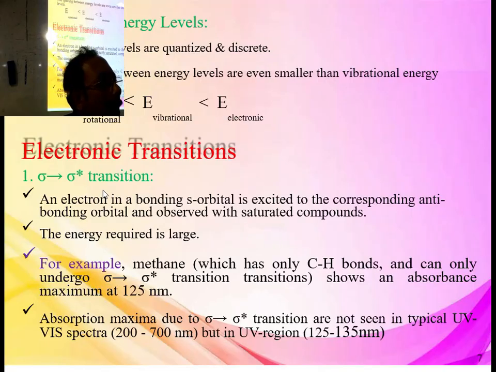Then IR. Which one? Vibration is associated with IR frequency, and transitions are related to ultraviolet, mostly ultraviolet and visible. Ultraviolet and visible radiation give the electronic transitions. That's why color and all these properties we get from electronic transition only.